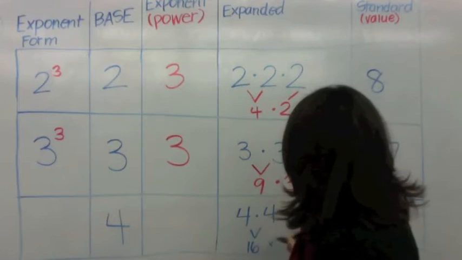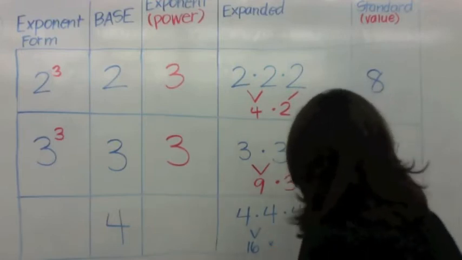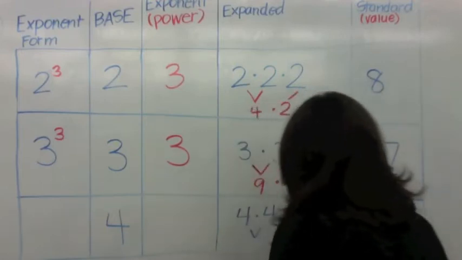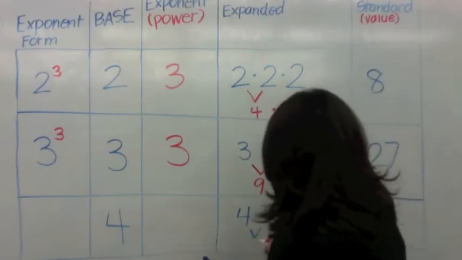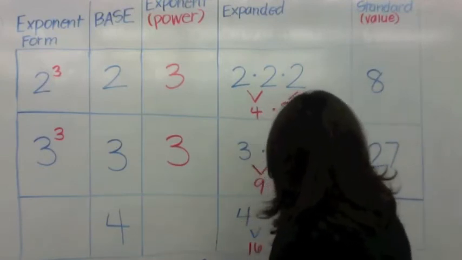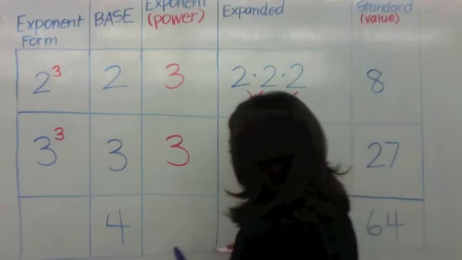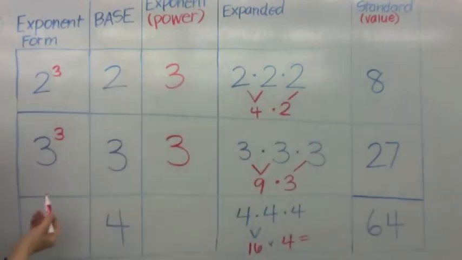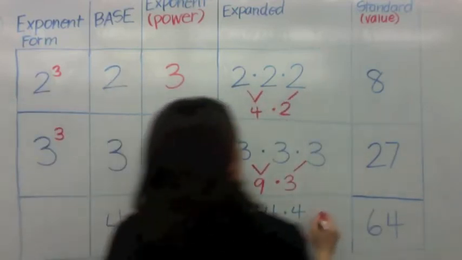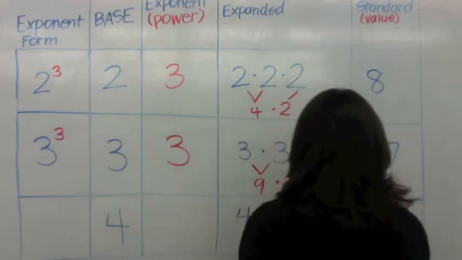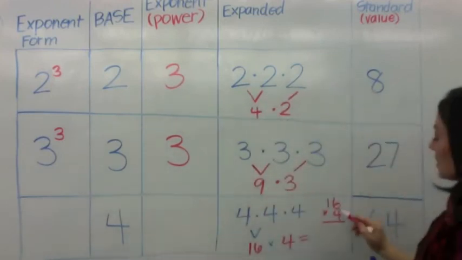Well, what happens when you have one more 4? Then you're going to multiply 16. I'll make this in red. You're going to multiply 16 times 4. Okay? Anybody remember what 16 times 4 is? I'll do it over here. 16 times 4. Okay? 6 times 4 is 24.